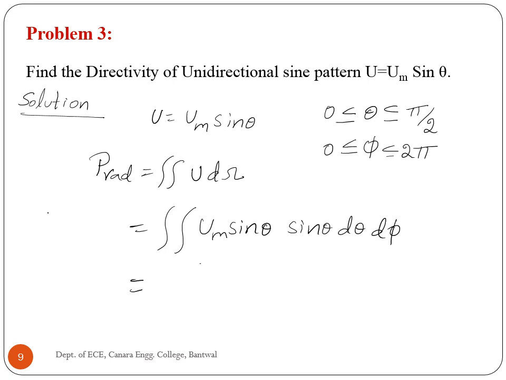So radiated power is equal to integral of d phi, phi is equal to 0 to 2 pi, integral of sin square theta d theta, theta is equal to 0 to pi by 2.